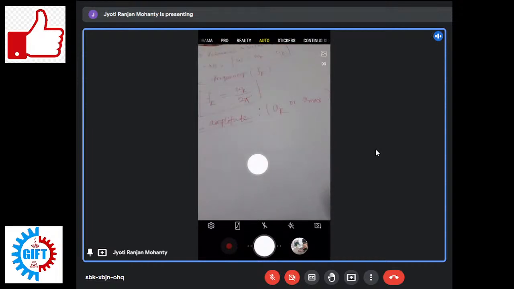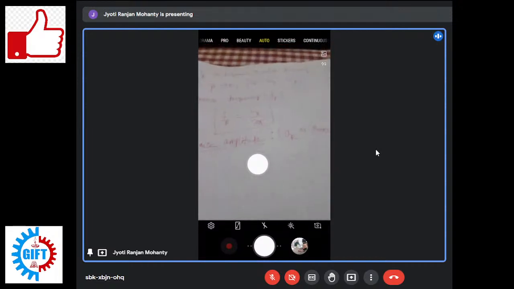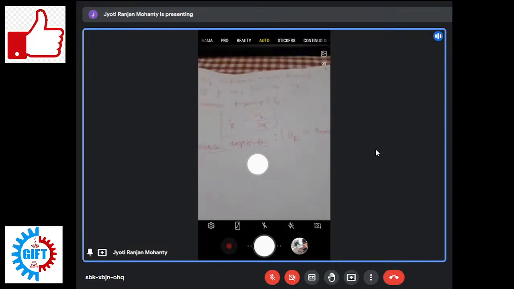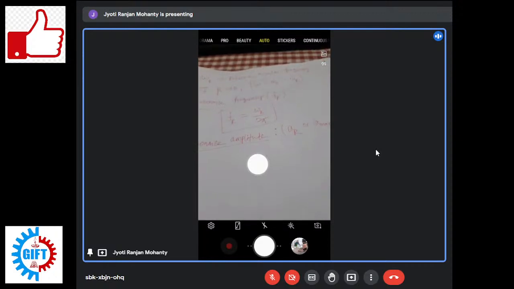That means amplitude increases and reaches its maximum value. At that point resonance occurs. So that amplitude is called resonance amplitude, right? The amplitude at which the resonance occurs is called resonance amplitude or amplitude resonance.